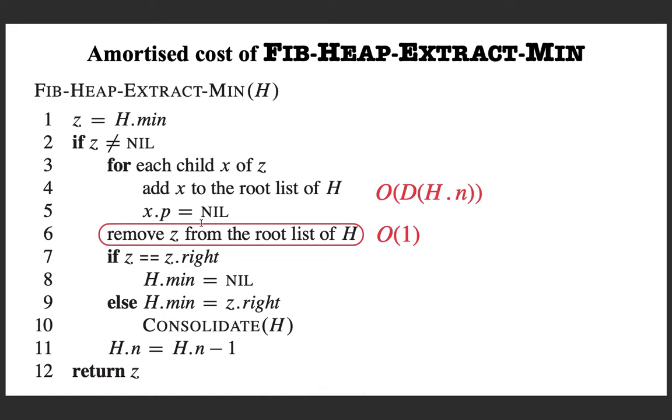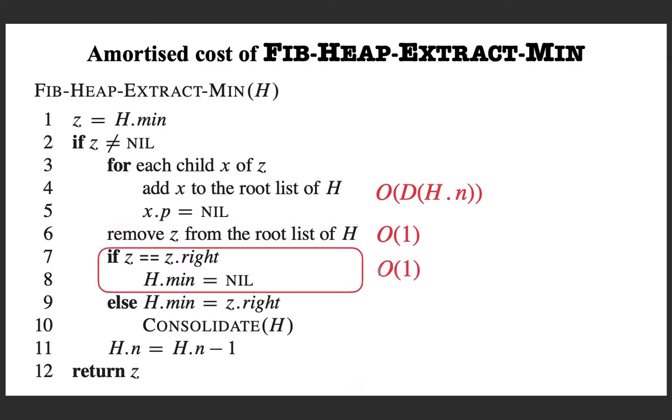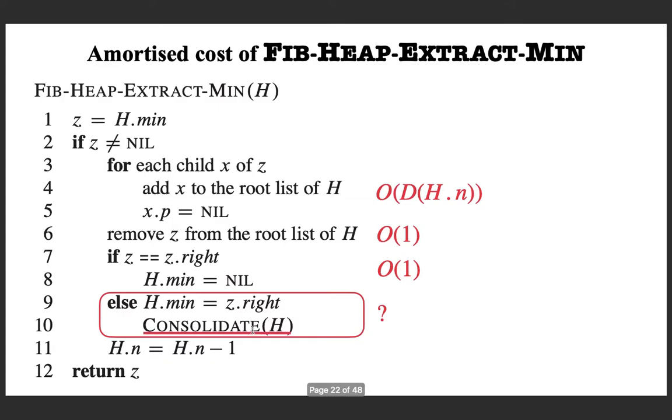And you know that in a circular doubly linked list, the cost of deletion is O(1). Easy to see that this is O(1). Now we don't know what is actually the cost for this operation, because we need to find the complexity of consolidate, that we will do later.